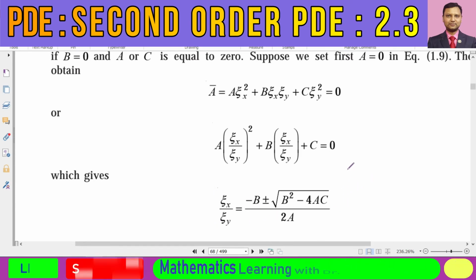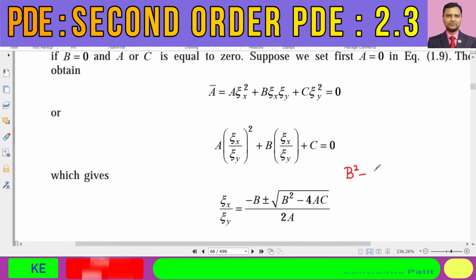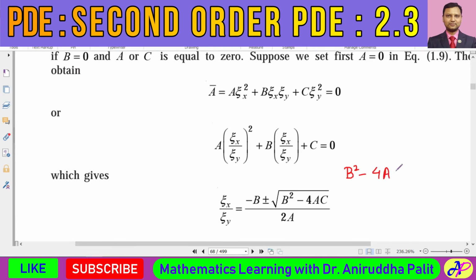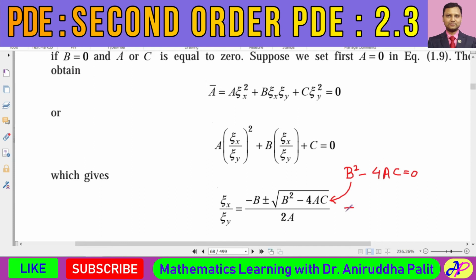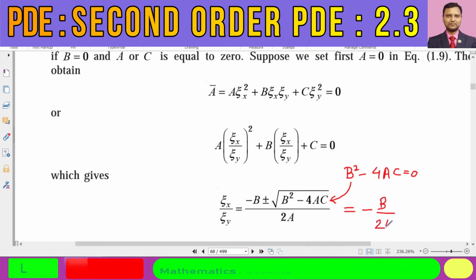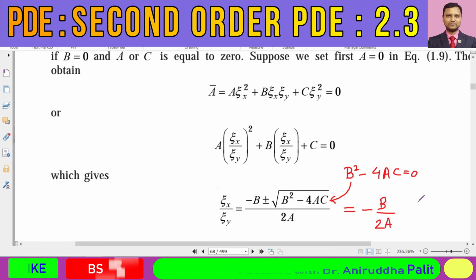Now over here, in case of a parabolic partial differential equation, b square minus 4ac is equal to 0. So the expression within this root becomes 0, and therefore in case of a parabolic partial differential equation, this expression will simply be minus b divided by twice a.